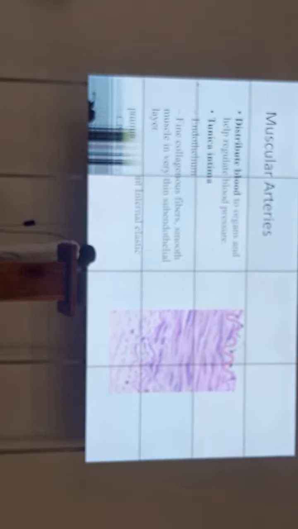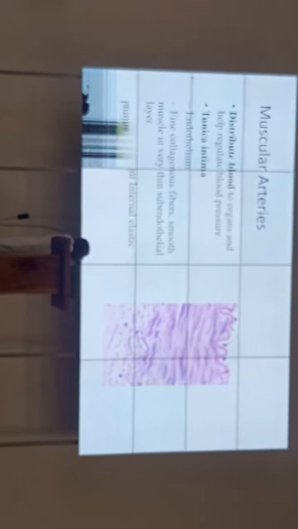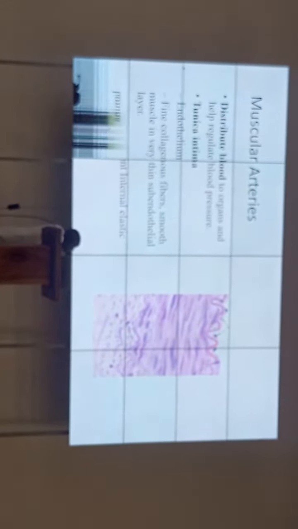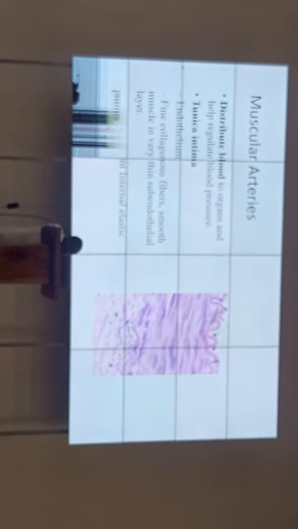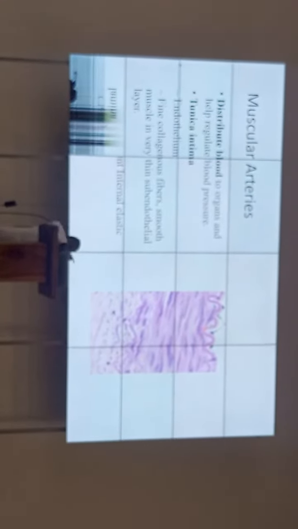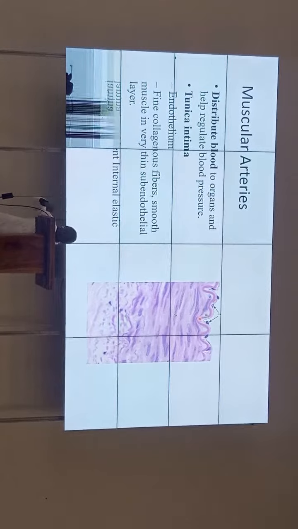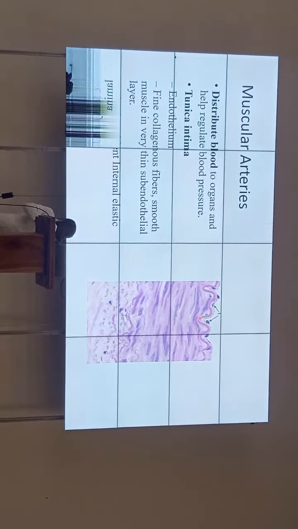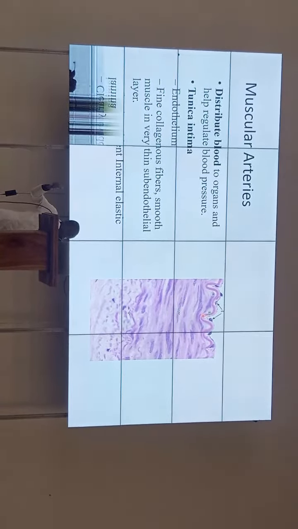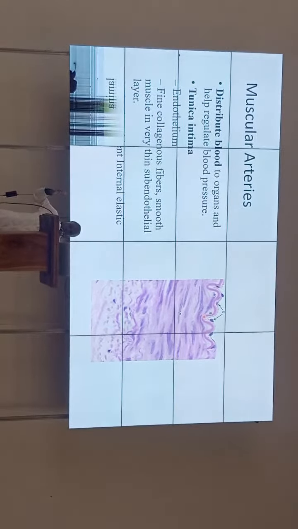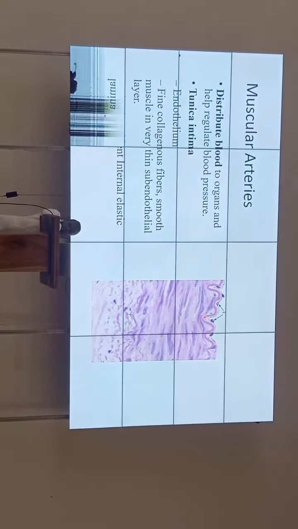So that layer is the internal elastic lamina. And already you can see that because it's wavy, it is easy for this vessel to stretch when pressure increases. Is that clear?